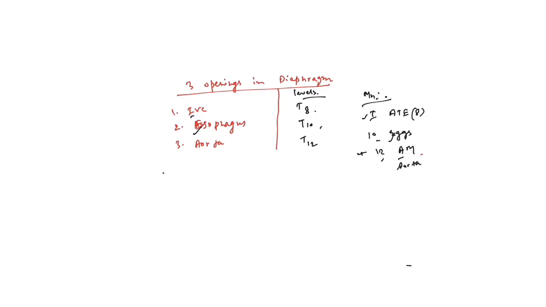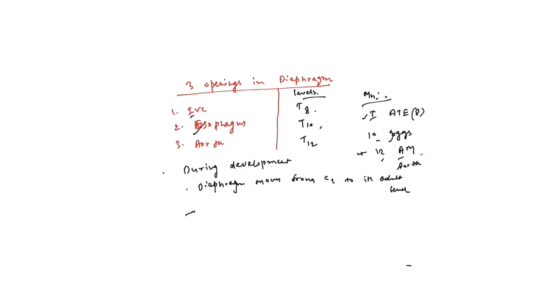Now during development, diaphragm moves from C2 to its adult level.